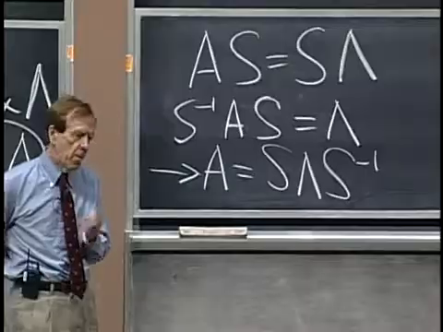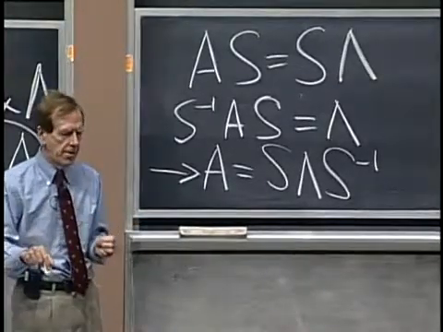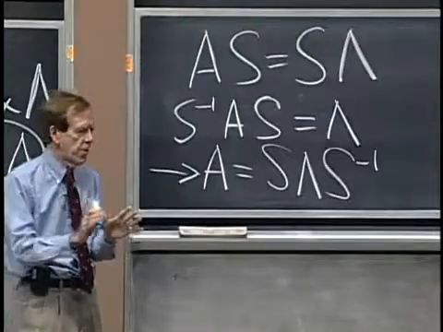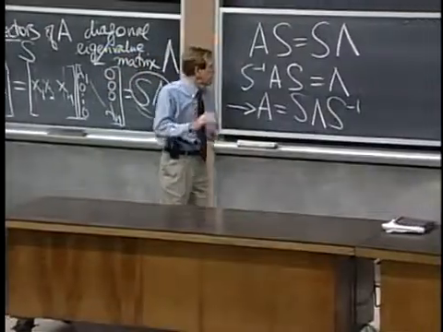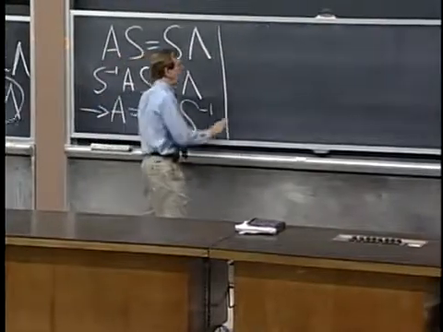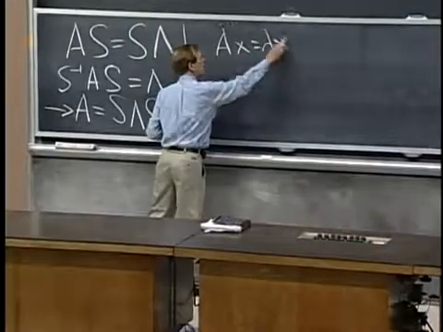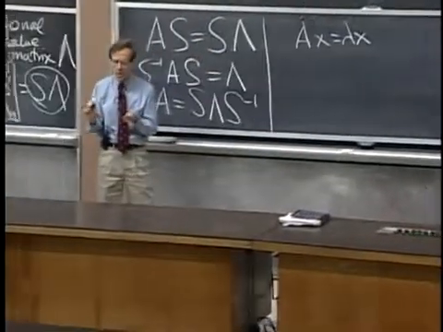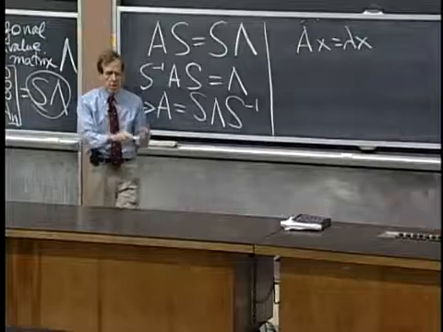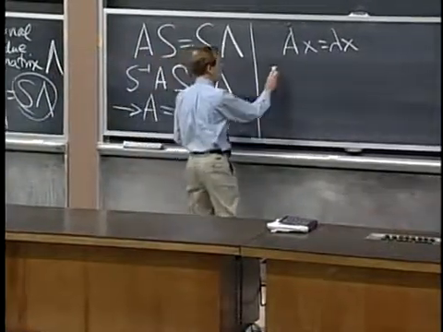For example, what about A squared? What are the eigenvalues and eigenvectors of A squared? That's a straightforward question with an absolutely clean answer. So let me consider A squared. I start with Ax equals lambda x, and I'm headed for A squared. So let me multiply both sides by A. That's one way to get A squared on the left.